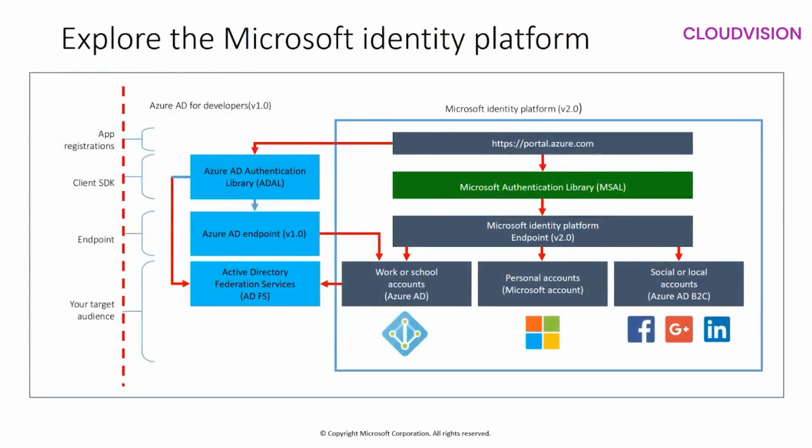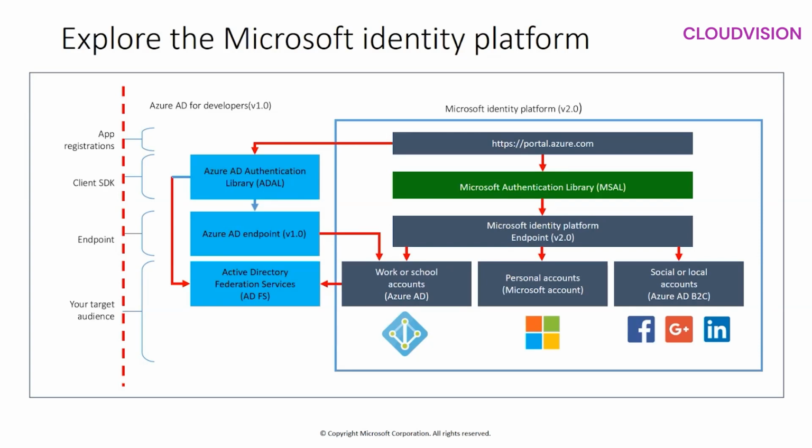Now, let's look at this diagram. When Azure was launched, it was using Azure AD for developers version 1.0 for authentication. At that time, any resource integrated or hosted in Azure, if it wanted to access Azure resources, had to prove its authenticity, which is stored in Azure Active Directory.